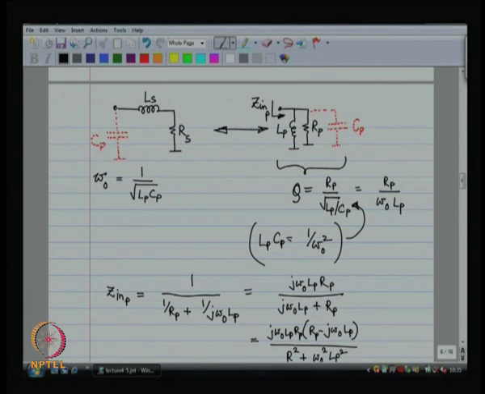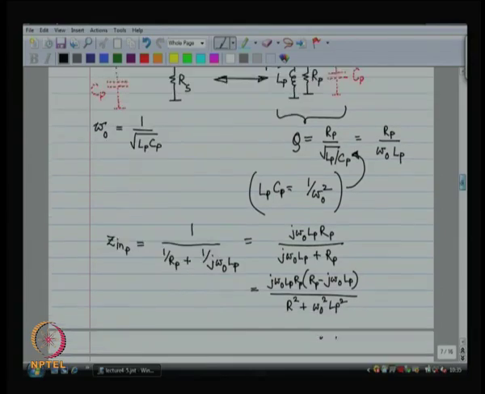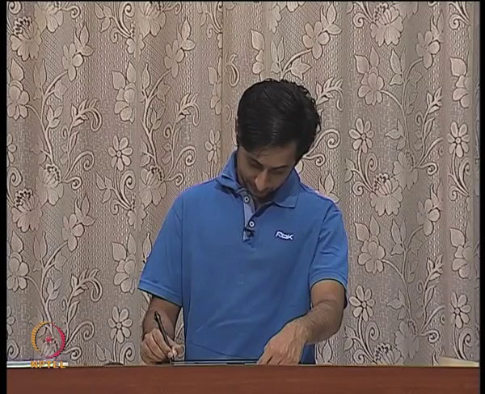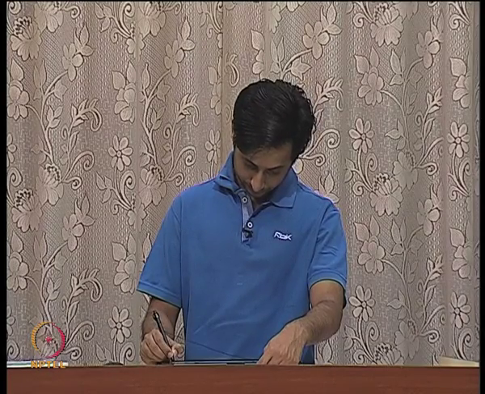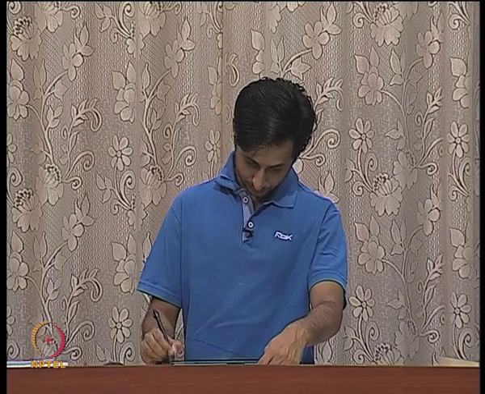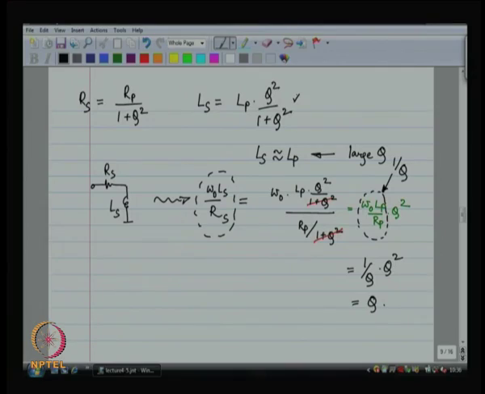You remember, we had an inductor in parallel with a resistor, which we could transform to an inductor in series with a resistor, and vice versa. And the relationship between L_s and L_p was over here, the relationship between R_s and R_p was over here.